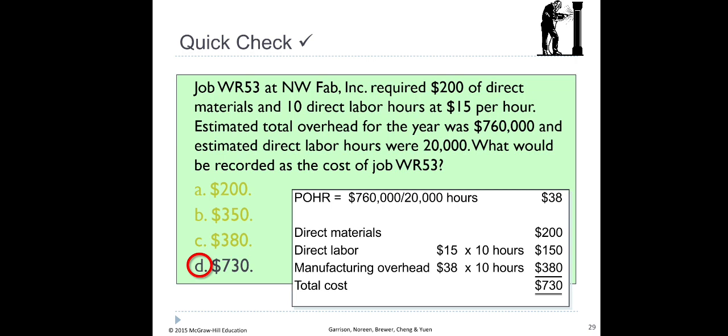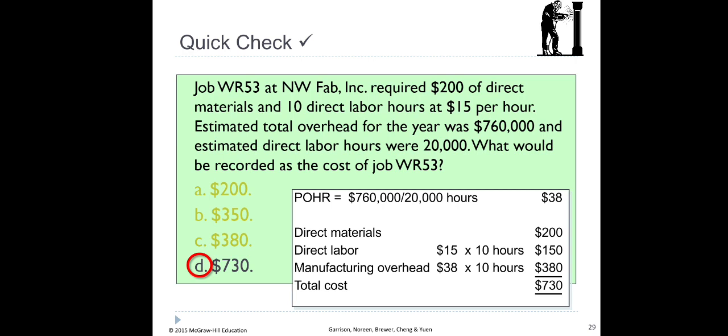The second step is you have to calculate the applied overhead or allocated overhead for the job. So you have the rate is $38, and then to calculate the applied overhead, the formula is POHR times the actual allocation base. So you see the calculation of manufacturing overhead in the small box there.